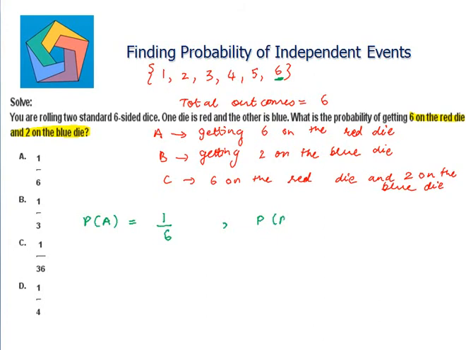I have 2 only one time in the sample space. So favorable outcomes become 1 and total outcomes are 6. So probability of C, since these two are independent events, will be probability of A times probability of B, which is 1 by 6 times 1 by 6, which is 1 by 36. So C, 1 over 36, is the answer.